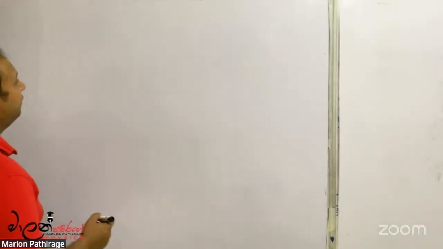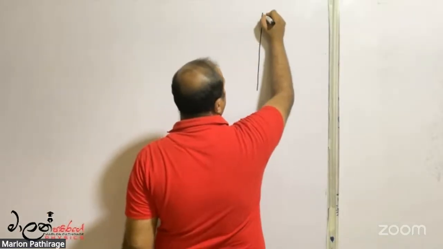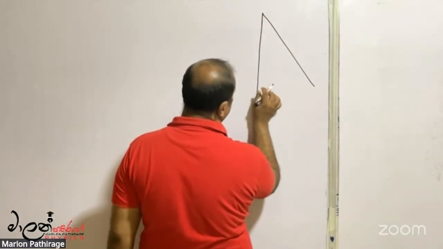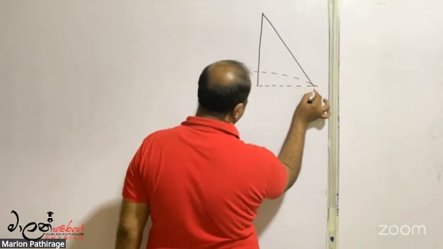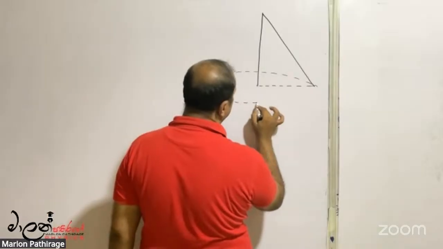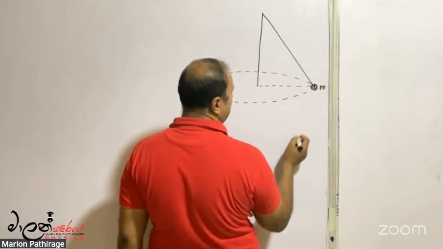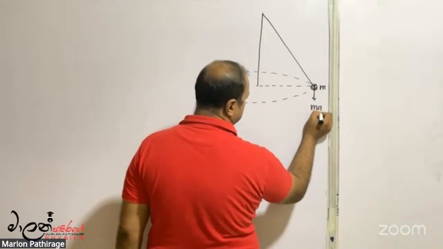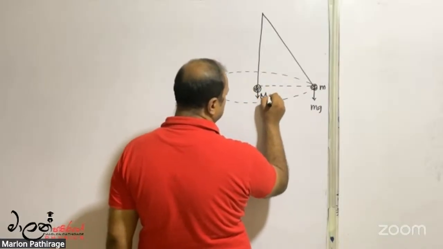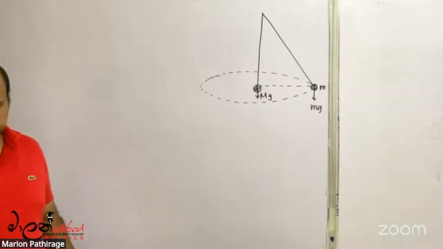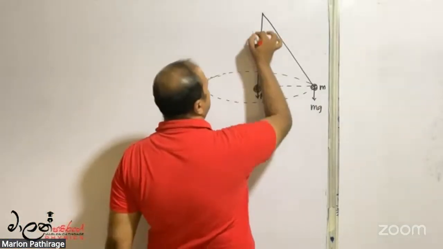Now you are given this kind of figure. Here there is small m mass. There is capital M mass. And this height is a.